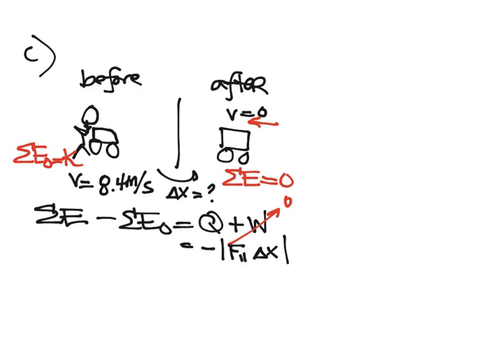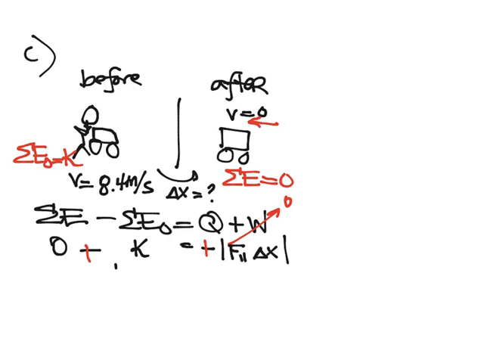So I'm going to plug this all into my equation. I have 0 minus K equals minus F parallel delta X. Now I have two negatives, and that will give me a positive. I'm multiplying both sides by -1.